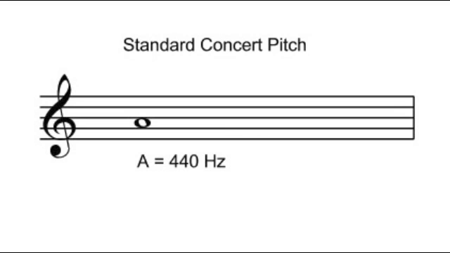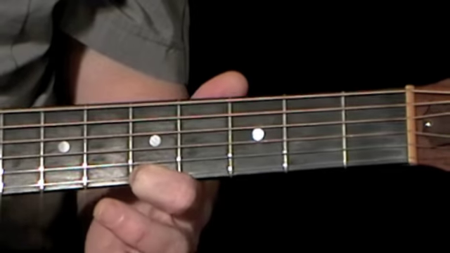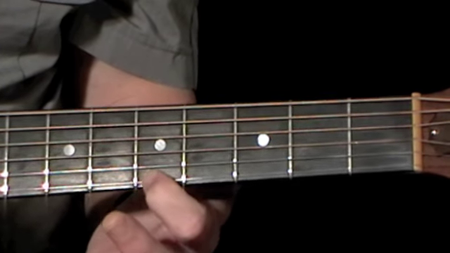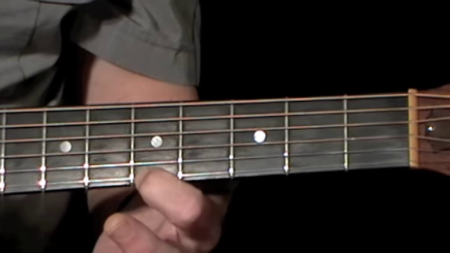And you often hear that expressed as A equals 440. Now that note sounds like this. So that note is played here on the top string of the guitar at the 5th fret.